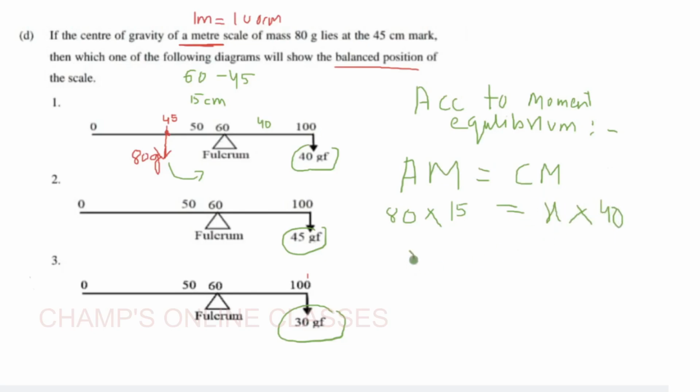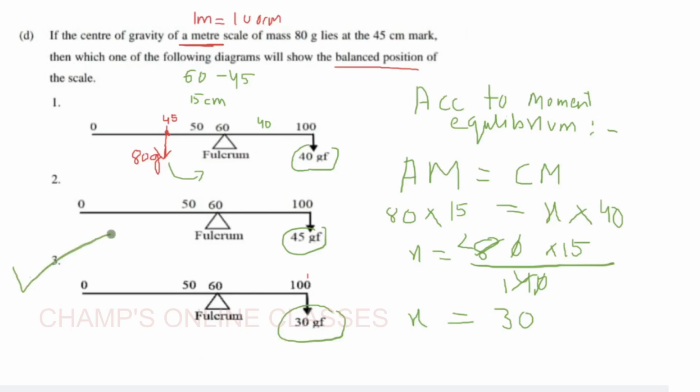Let's find out this x. Bring that 40 to this side: 80 into 15. 4 ones are 4, 4 twos are 8. So our force is 30. So which one is balanced? This one is balanced, this third one.